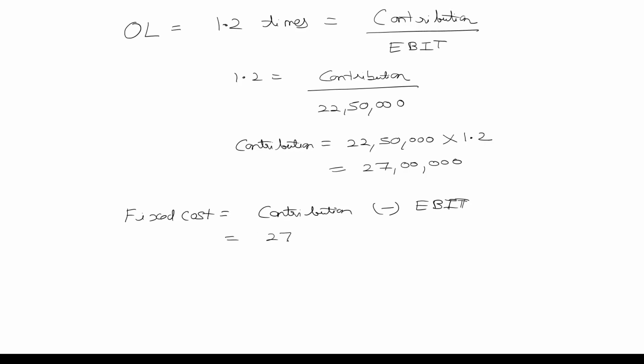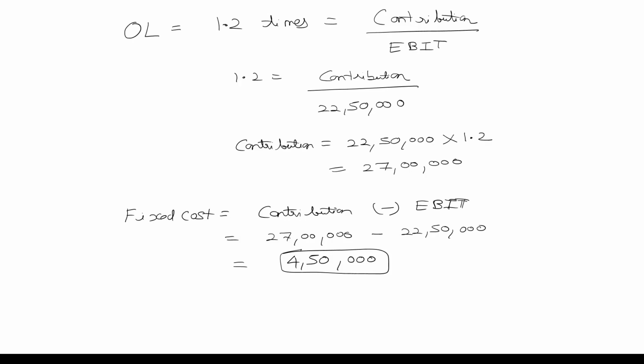I know the contribution is 27 lakhs and I know the EBIT is 22 lakhs 50,000. So that would give me my fixed cost, which is 4 lakhs 50,000. So this is the fixed cost. So this addresses the second part of the question.